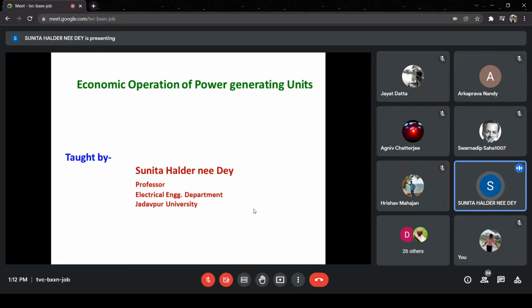For hydroelectric power stations, the running cost is only due to maintenance, because the cost of water is not there, no cost. If there is a dam or reservoir, that is a reservoir-based power plant, then the running cost will be the interest on depreciation of that initial cost. But for the thermal power plant or coal-based power plant, the cost is very high.